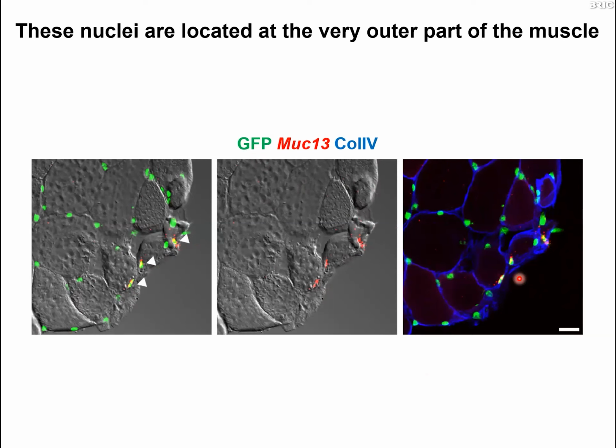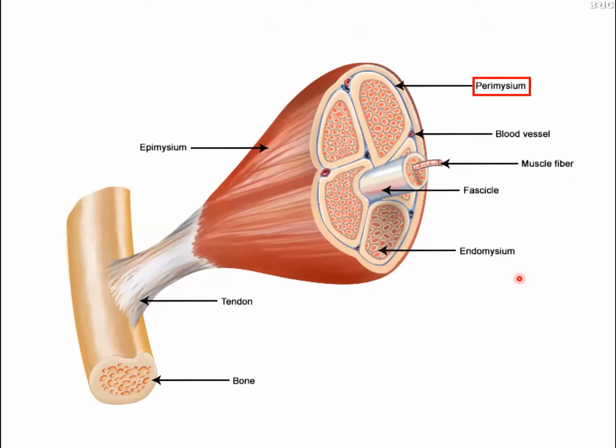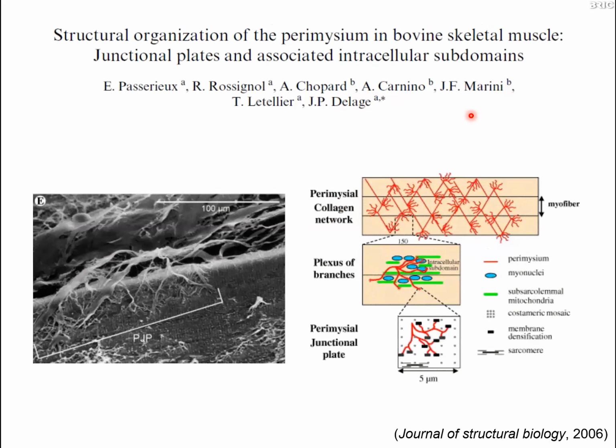So at the very outer part of the muscle tissue, there is a specialized connective tissue layer called perimysium, which encapsulates the entire muscle tissue and stabilizes its structure. And an EM study performed a long time ago has shown that there's a specialized adhesion structure between the outer myofibers and the adjacent perimysium layer, but this study has been overlooked afterwards and has not been really followed.